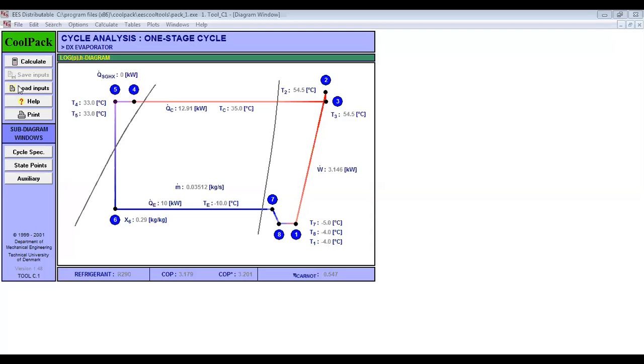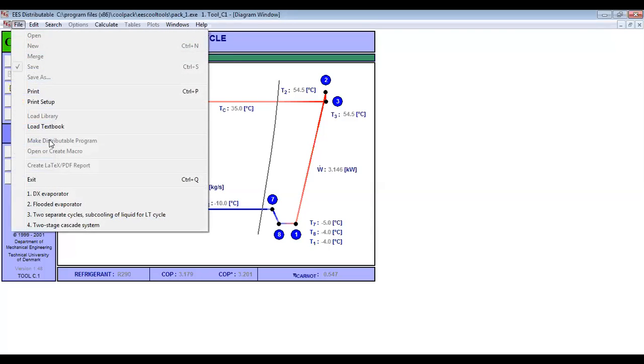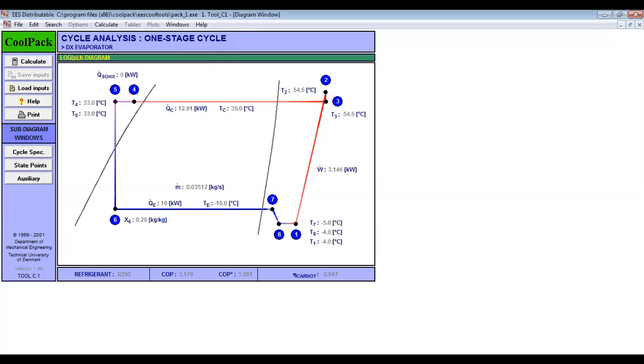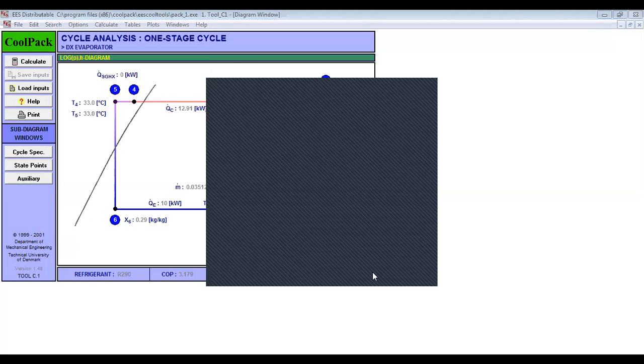This is again from the same software. So you can get this kind of cycles you can generate. This is for refrigerant R290. So you can make use of that.